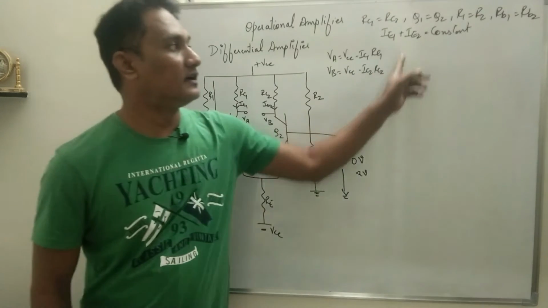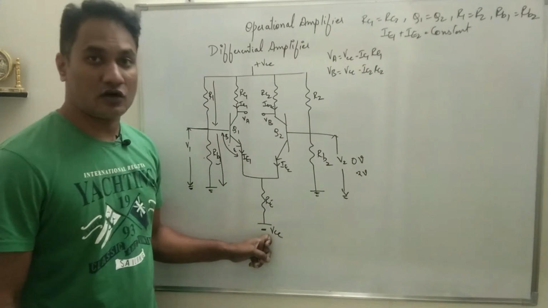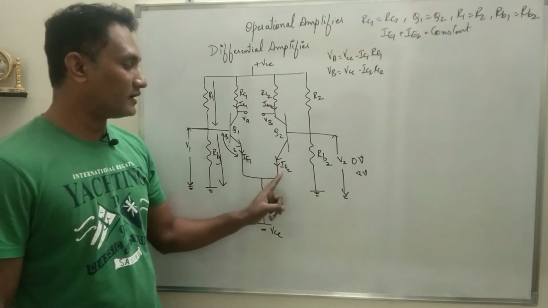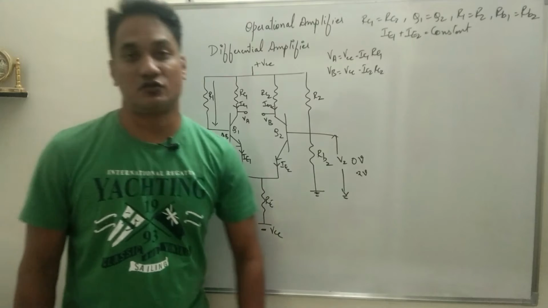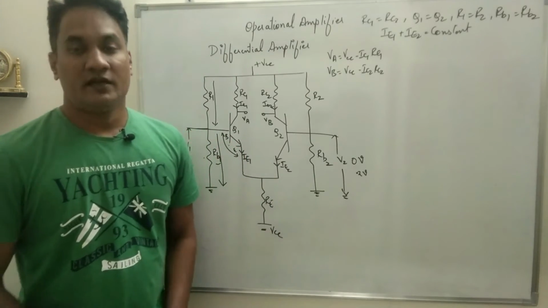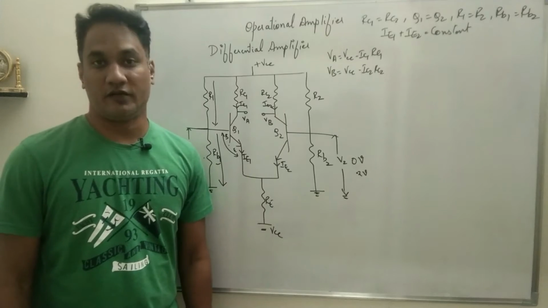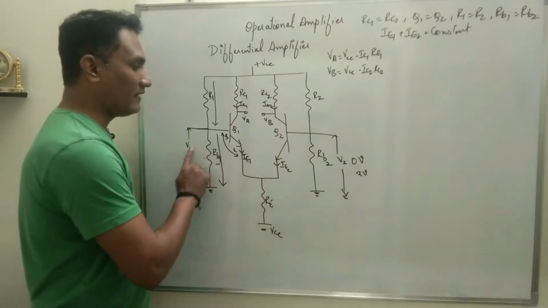And of course, as minus VCC acts as a constant current source, the emitter current of Q1 and the emitter current of Q2, the addition of these two will be constant. Now let us try to understand the working of a differential amplifier. As I said, it will have two inputs.